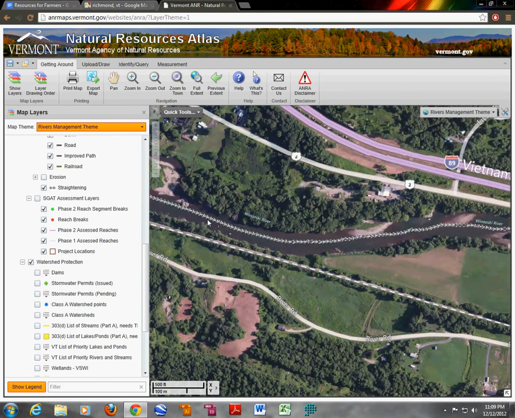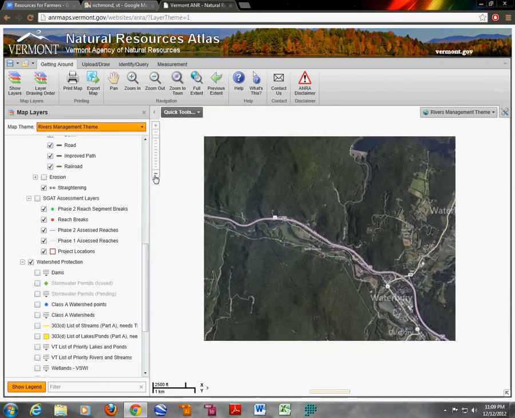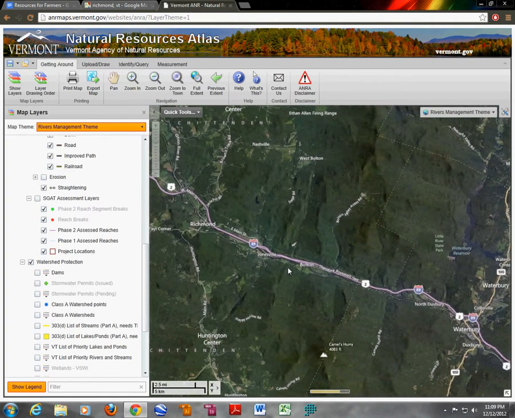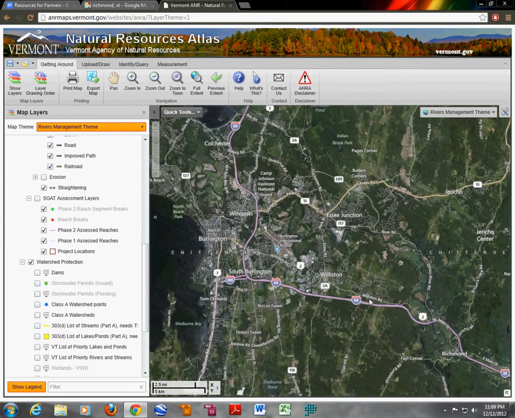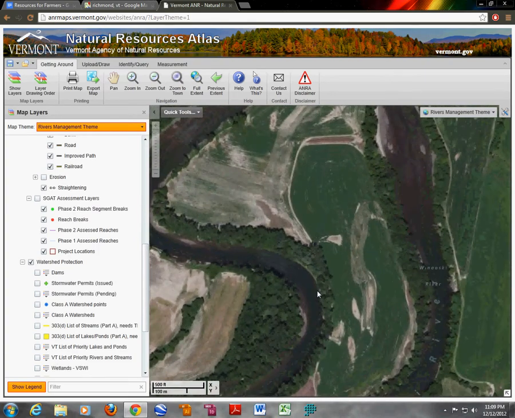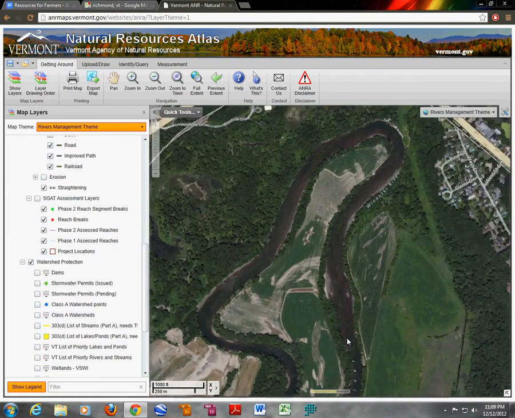And I wish this layer would show up when it was zoomed out fully, so you could see that it's been straightened all along here, but you can't. Conversely, when we go up here to where we know that the river meanders, we're not going to see any straightening along here because the river is kind of left to its own devices and even meanders back on itself here.